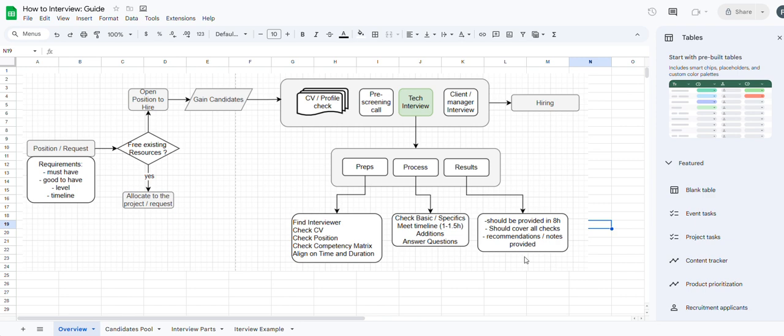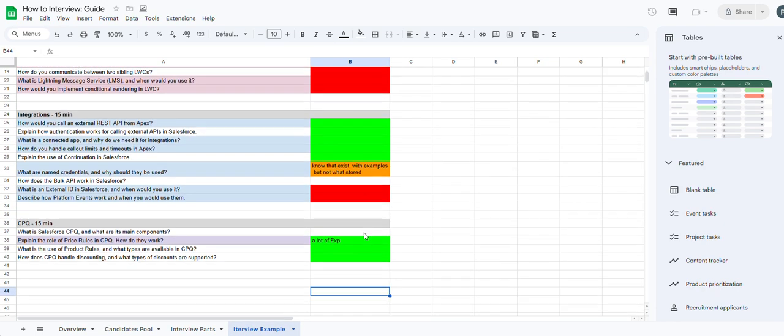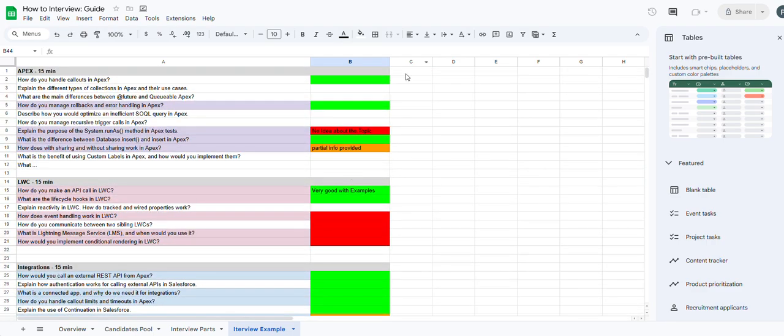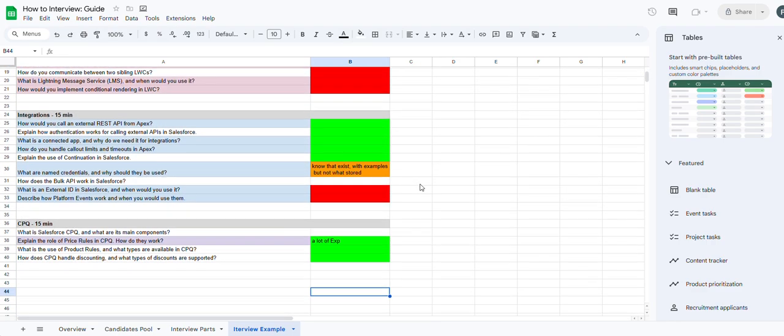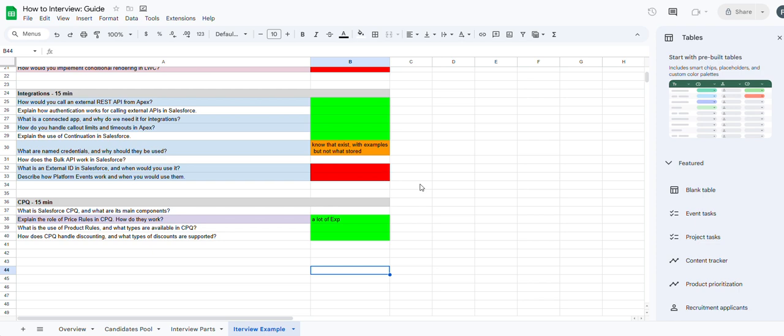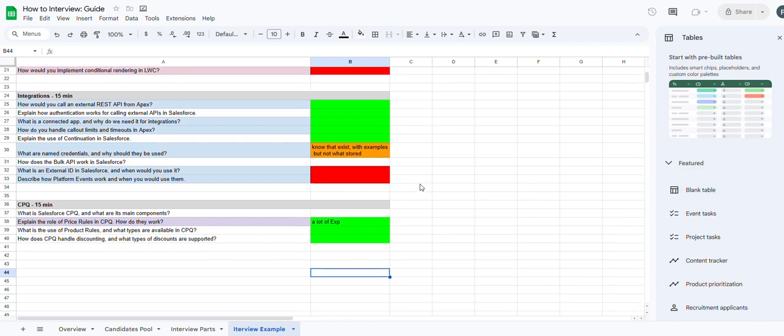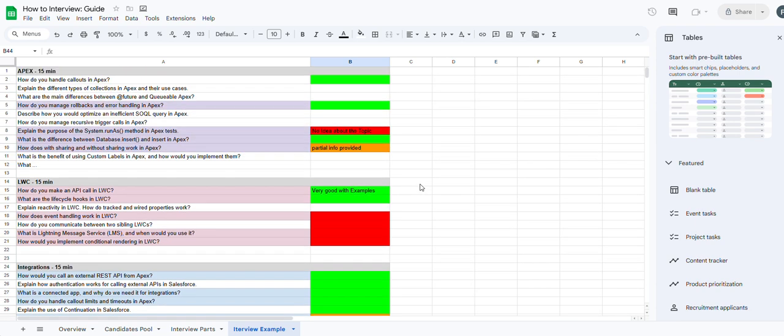So if you're an interviewer, those results are something that you need to provide. And if you're providing results based on your matrix, right, that you can see here, you can understand if the specific person, for example, has enough skills to fulfill that position or not. Usually there might be a situation where some experts who are actually doing interviews are already working on the project, and the main question for them will be, for example, do you recommend that person for the project? Do you want that person to work in your team?